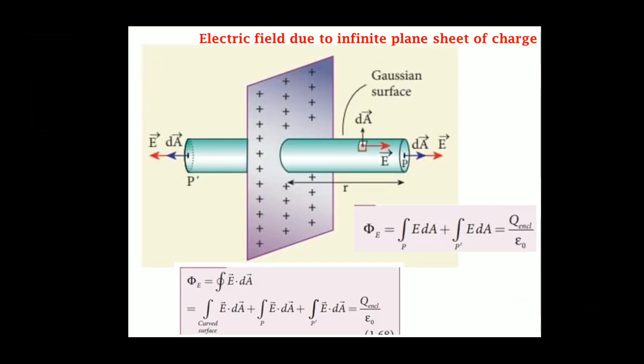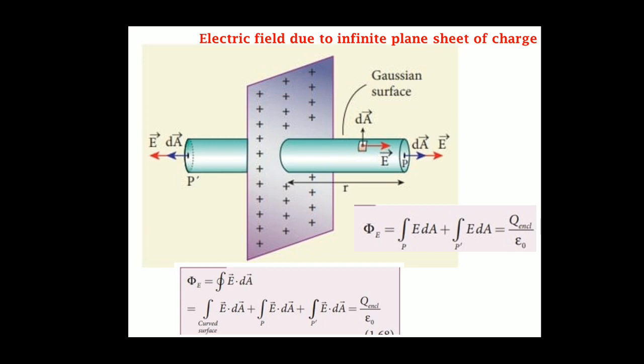So what's the value of cos 90? Cos 0 is 1. Cos 90 is 0. So E dot dA, cos 90, this term is equivalent to 0. So if I integrate, I will have the answer for only the flat surface P and the flat surface P dash.